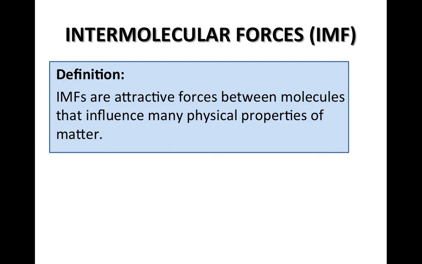As you saw in that little simulation, those little dotted lines were intermolecular forces, where these molecules are being attracted to one another because of the positive and negative ends of different molecules. So by definition, intermolecular forces are attractive forces between molecules that influence many physical properties.